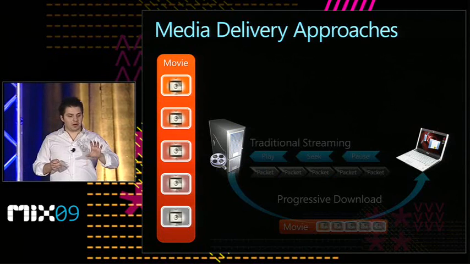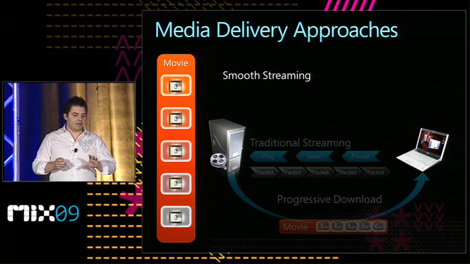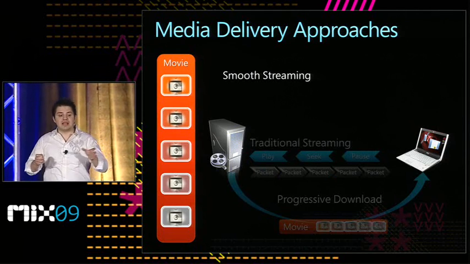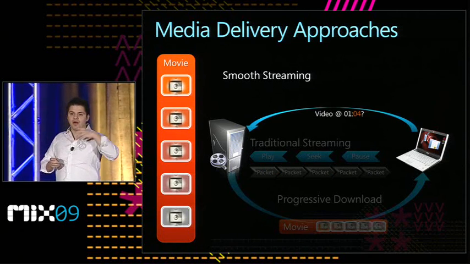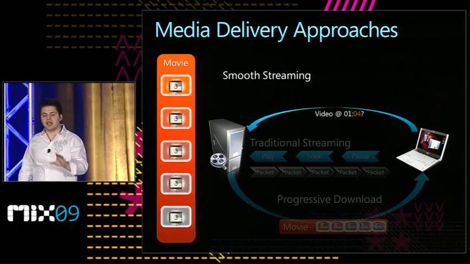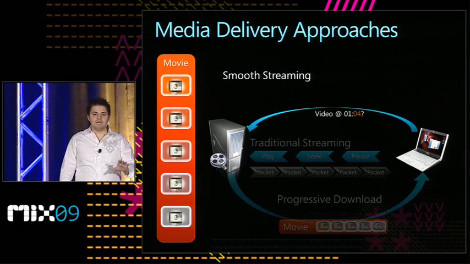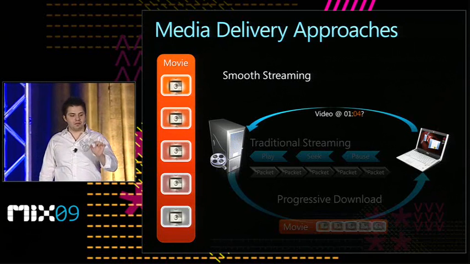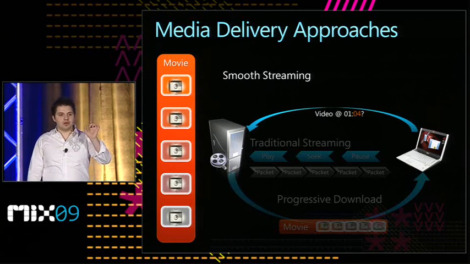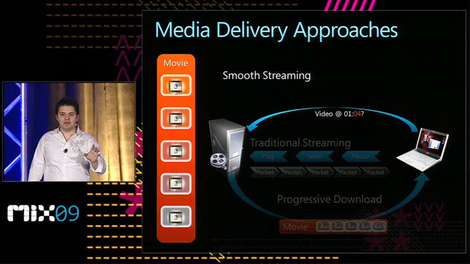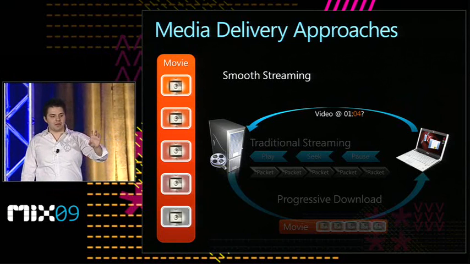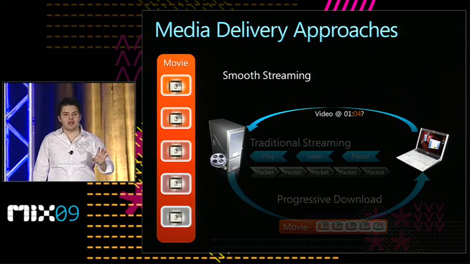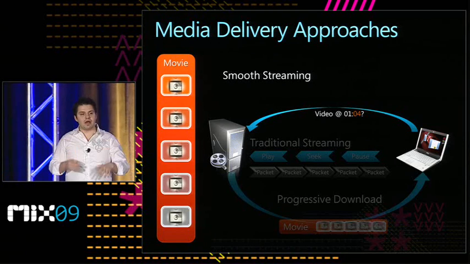Let's talk about how smooth streaming actually works from a technical standpoint. So in this case, the client, instead of saying, I want the entire file, makes a standard HTTP request. But that request is for a particular piece of the media. So what we've done is we've thought about the movie not as a long continuous sequence, but as a set of fragments, as you can see on the left-hand side, that are fragmented along natural boundaries.